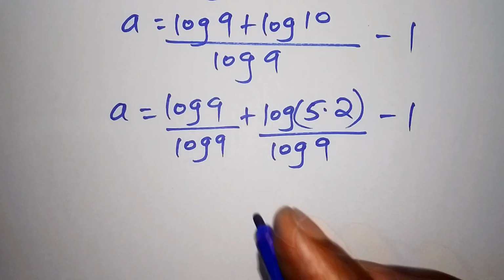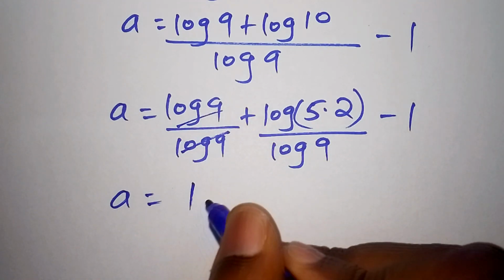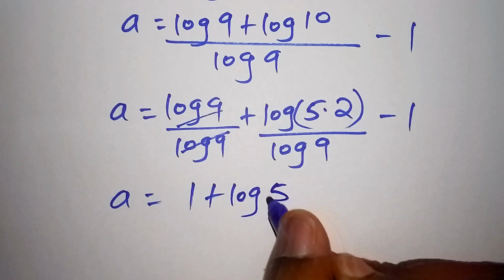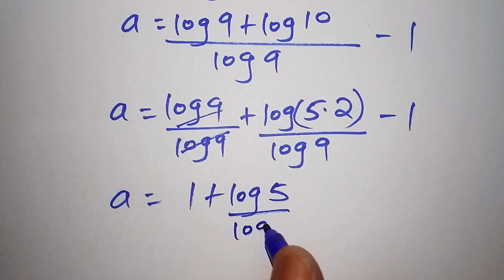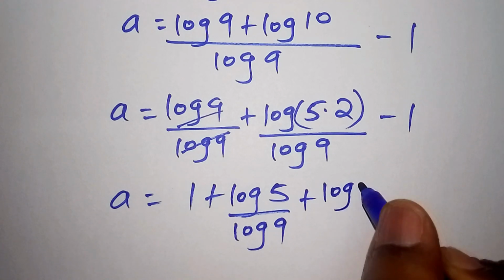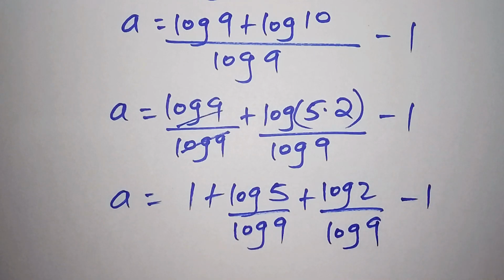So the value for a equals, log 9 and log 9 cancel, so here we shall have 1 plus log 5 over the log of 9, plus the log of 2 over the log of 9, minus 1.